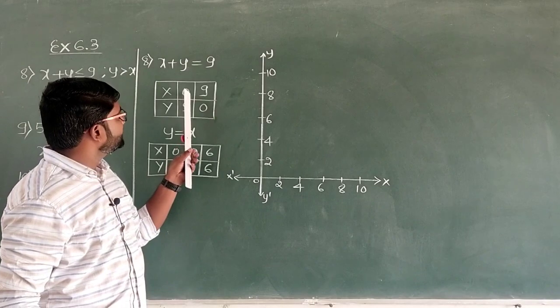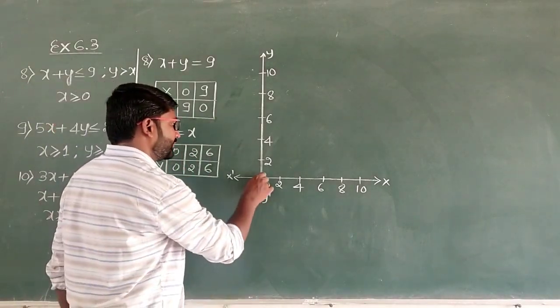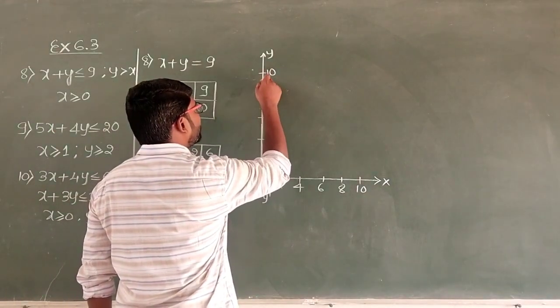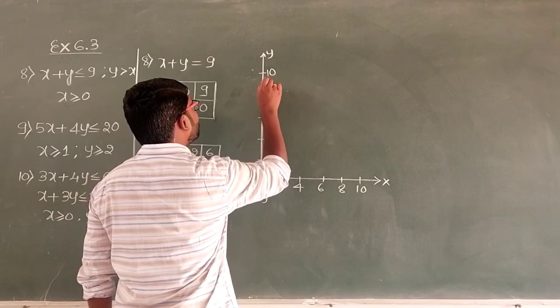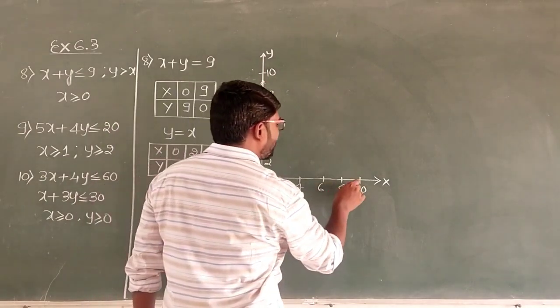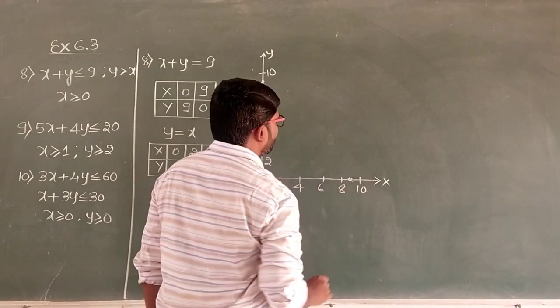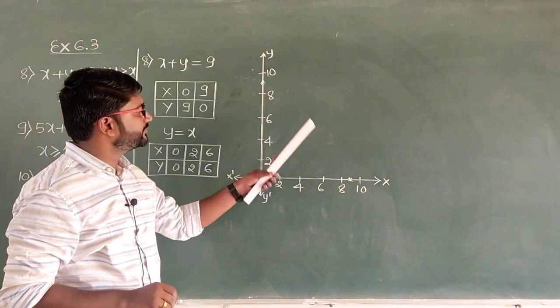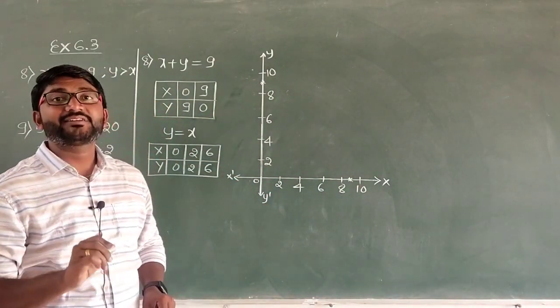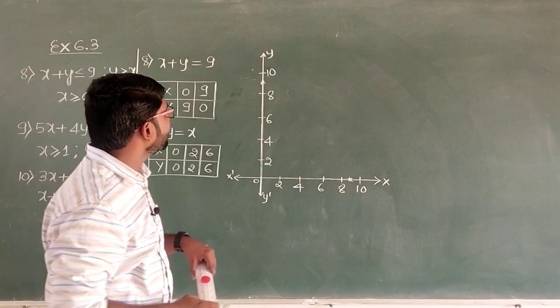The first point is 0, 9, x 0, y 9. So in between 8 and 10 we get the point 9, and then x 9, y 0 will be this point. We have to join these 2 points with a dark line because it is a slack inequality.